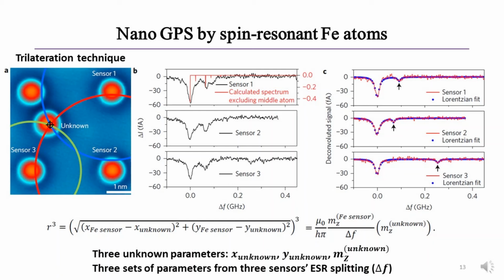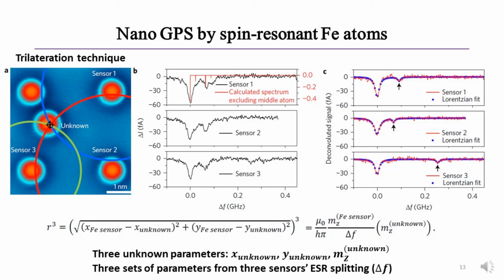As shown in figure A, we treat the middle iron atom as the unknown spin center. Now we are going to sense its location and magnetic moment purely from the ESR spectrum of the 3 iron sensor atoms.